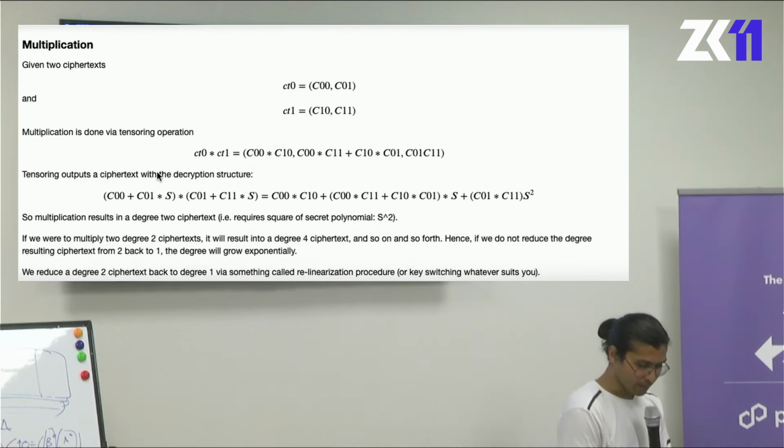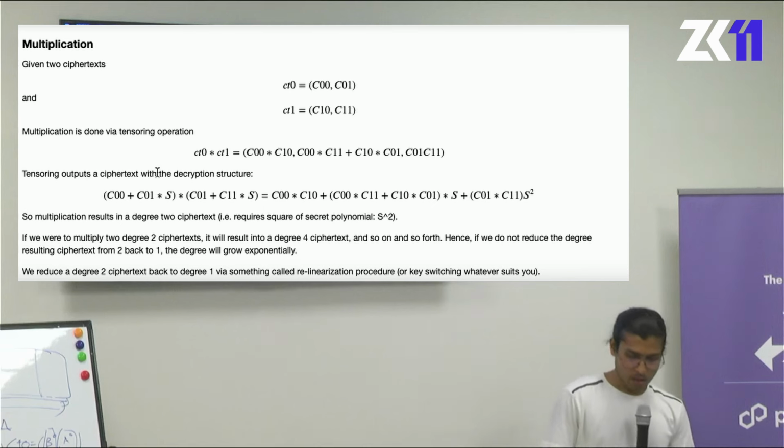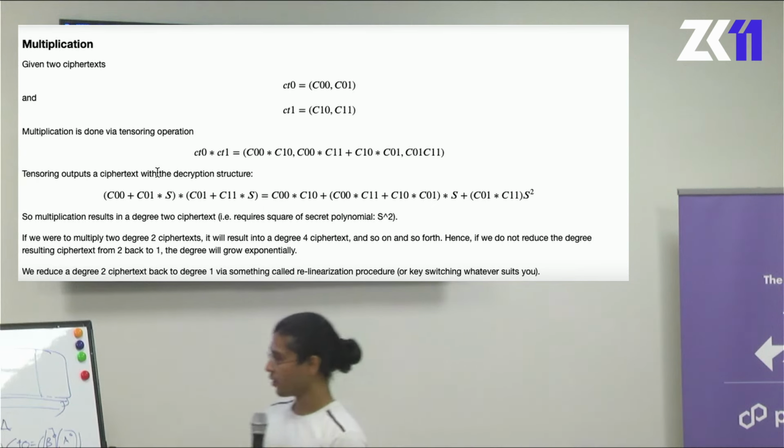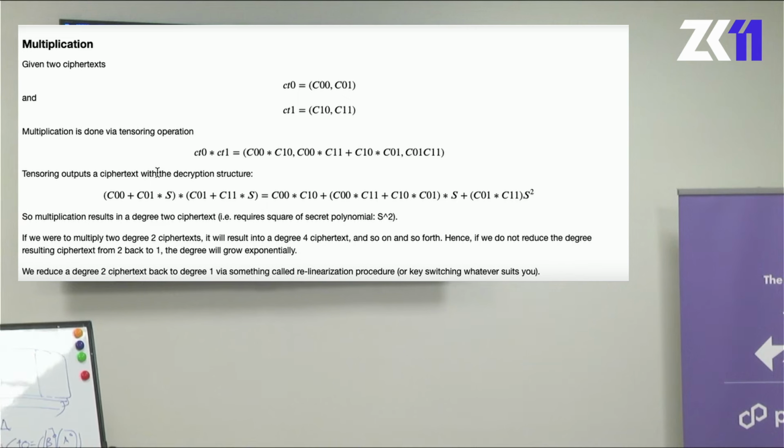Now, how do you multiply two ciphertexts? Well, in order to explain multiplication, for multiplication, let's take two ciphertexts, C0 and C1.